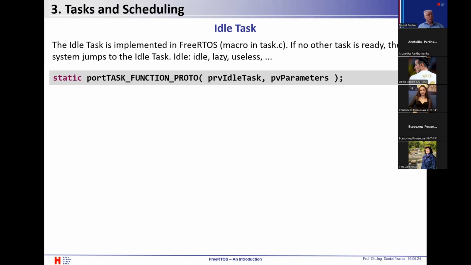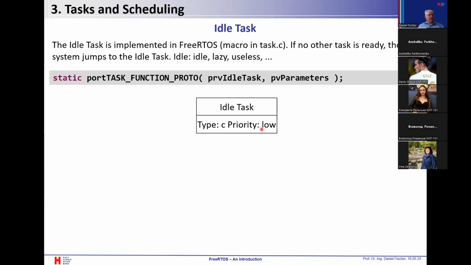If you have the situation that no application task is running, then there must be a task, and therefore the system automatically generates an idle task. That means if no other task is running, then the idle task is running. We will see later how the idle task is displayed in my notation.